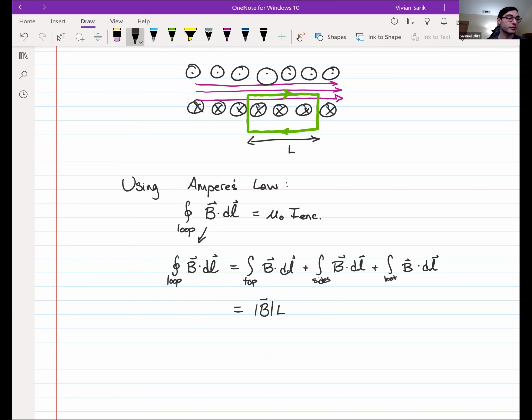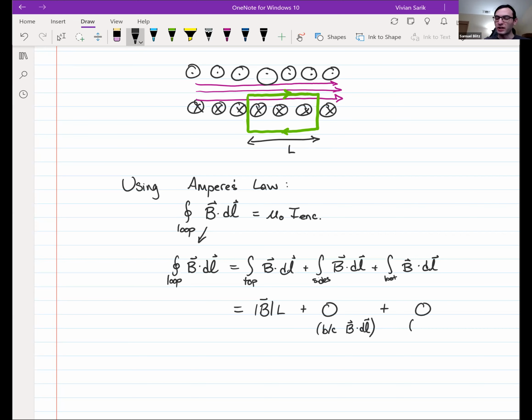And then for the sides, we get 0 here. This is because the magnetic field is perpendicular to dl. The magnetic field runs to the right. On the sides, it either runs up or down, so they're perpendicular, so the dot product is 0. And then the bottom part of the integral also vanishes.